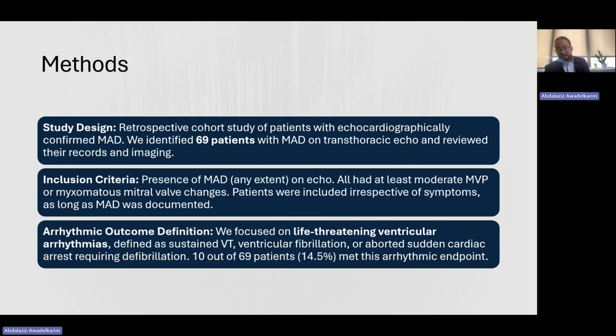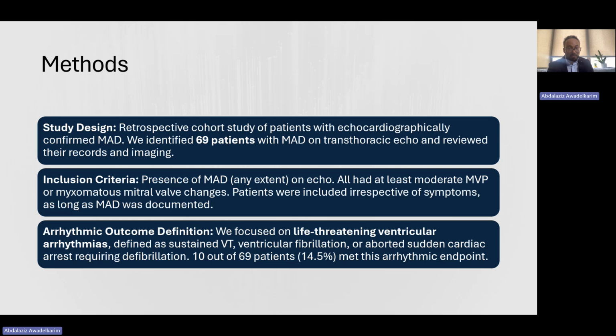Actually, the total patients were 110, and based on exclusion, for example, the lack of event monitoring, the lack of EKGs, or the lack of complete data, we ruled them out. As I mentioned here, the inclusion criteria is the presence of MAD, and the presence of an EKG, or a form of event monitor, Holter monitor, or being in the hospital for more than 48 hours with telemetry monitoring.